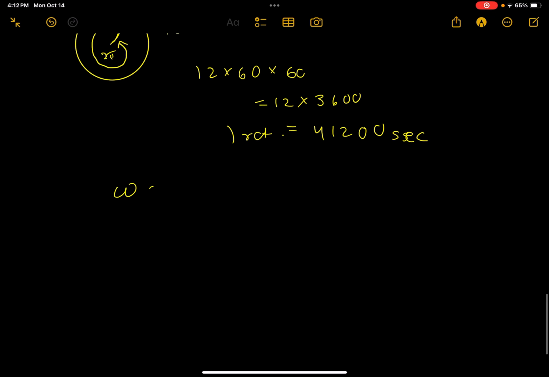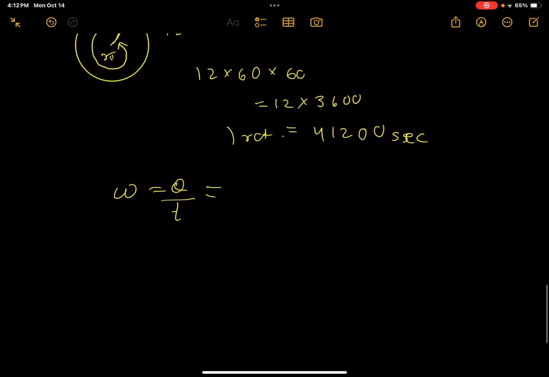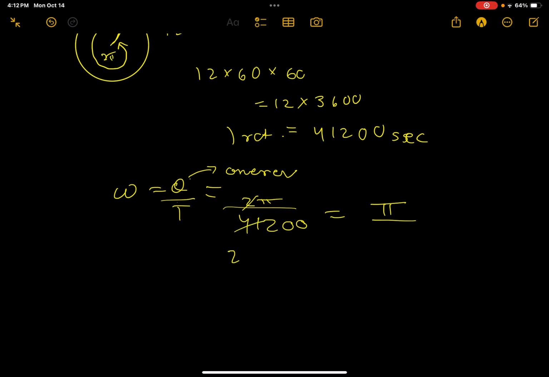So omega is equal to theta upon t, and this t is also the time period, right? So we can just write capital T, and this is just for one revolution, so we can take this as 2 pi upon 41200, which is equal to pi upon 21600.